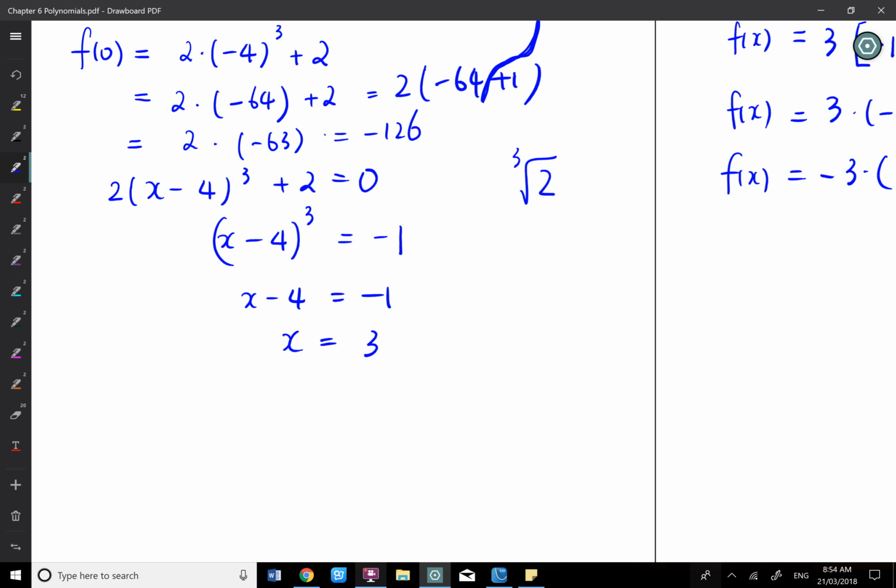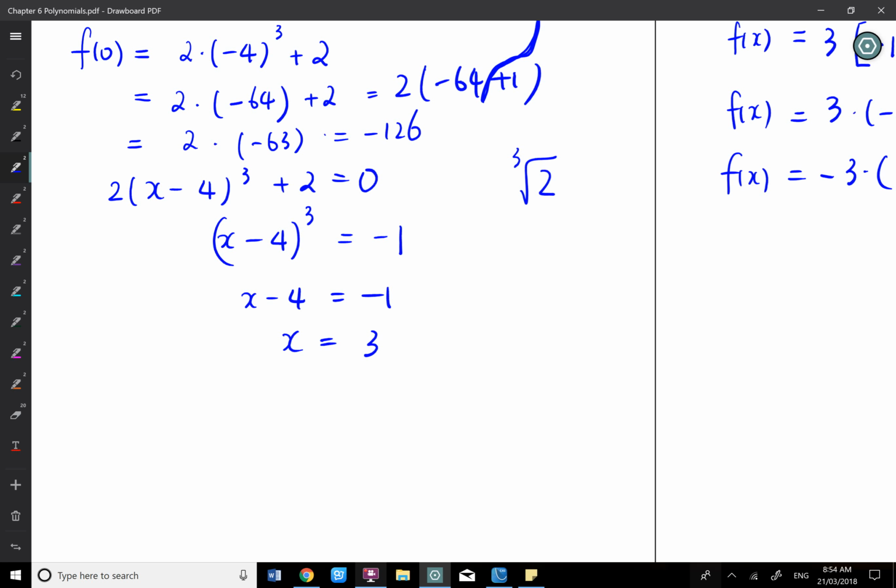Yes? Next week. This number and -1, which one is larger? -1 is larger. So when you write the interval notation, you're not going to write it like this.